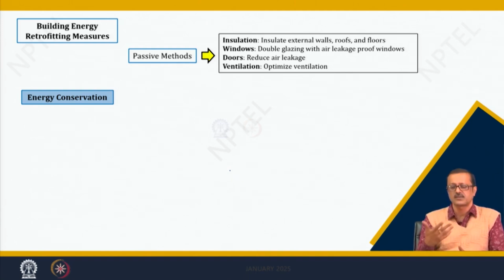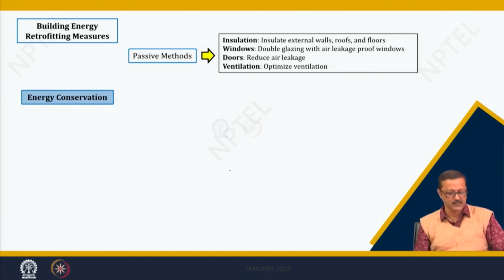I can go for some kind of ventilation, we can optimize the ventilation, because sometimes the natural ventilation and the mechanical ventilation may mix together and create a kind of a conflict area. So I can see how much optimization I can do, because sometimes I require some kind of fresh air also. So those are the points if I can actually take, then I can say this is the passive method of energy conservation.